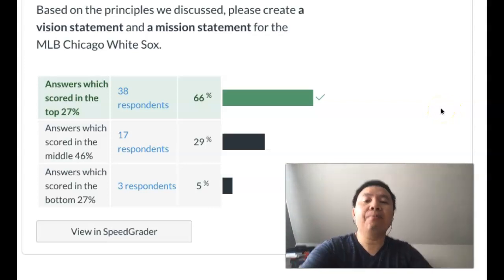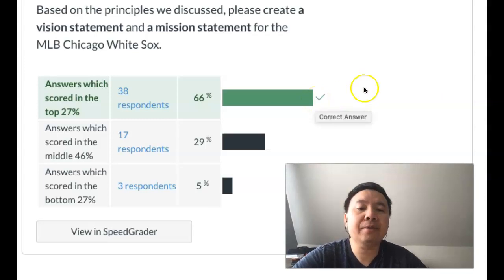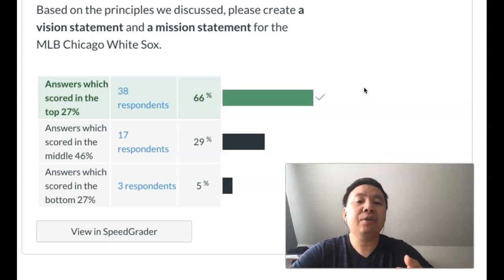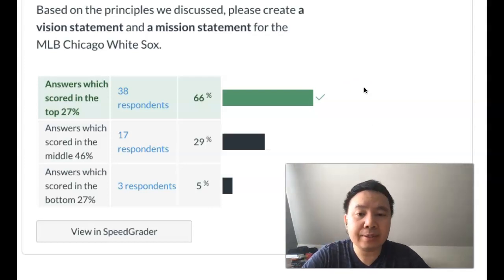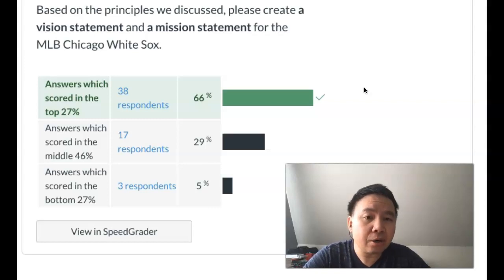The second thing is about the mission statement. A mission statement is normally 2 to 3 sentences. Sometimes you can write 4 sentences. For the mission statement, you have to describe who you are, what you do as an organization, and what you try to achieve as an organization, right? You can talk about how the MLB Chicago White Sox is a professional baseball organization based in Chicago, founded in what year, right?